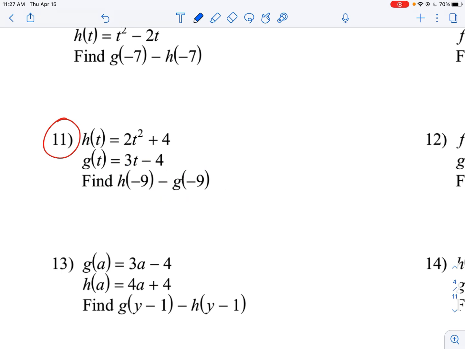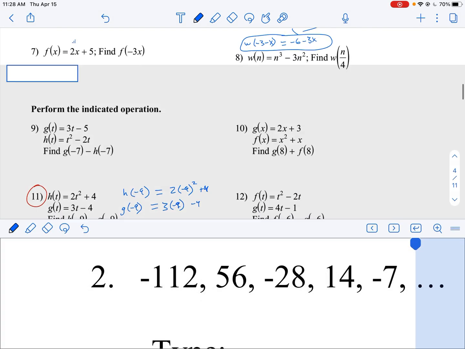Basically, you get h of -9, get g of -9, and then subtract the two values. You just plug the numbers in and evaluate. You do 2 times (-9) squared plus 4 for h, and then g of -9 is 3 times -9 minus 4.